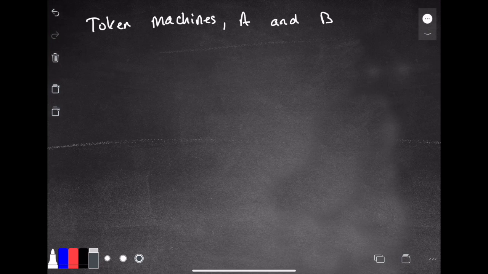Now the amount of money that you win depends on how many tokens you've already put into that machine and which machine you're putting the token into. And let's say you have a maximum of 10 tokens and you have 2 machines, A and B.